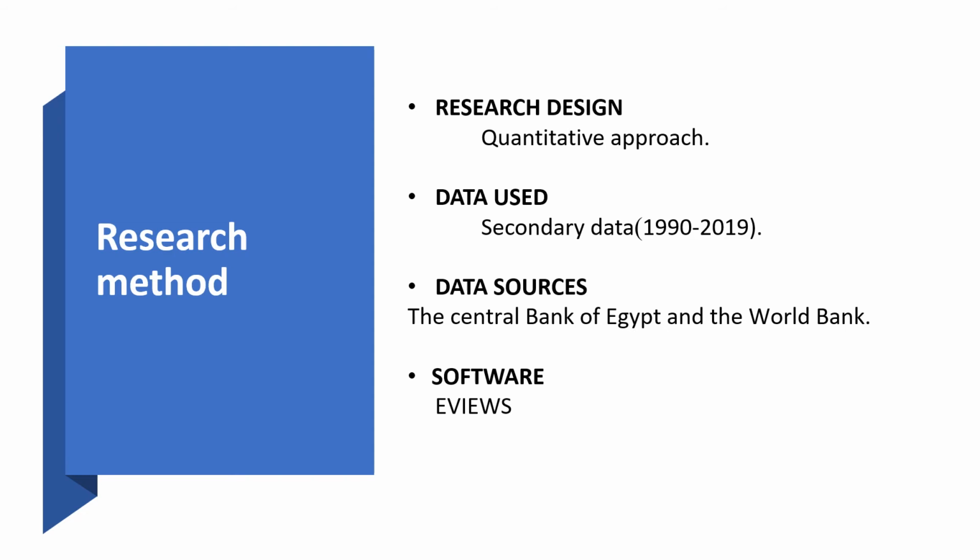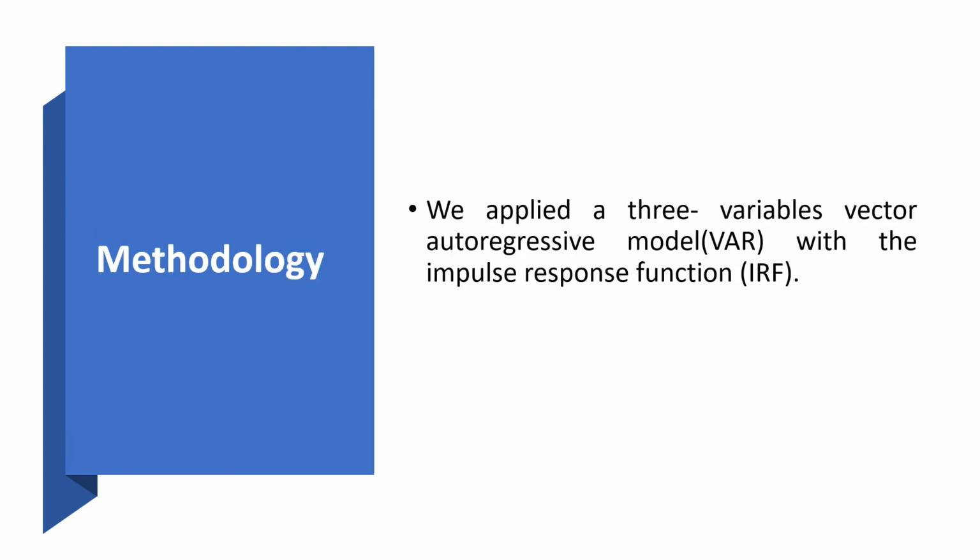This data was collected from the Central Bank of Egypt and the World Bank databases. We used the eViews software to run the VAR model and to get the impulse response function result. For the methodology, we applied a 3 variables vector autoregressive VAR model with the impulse response function, IRF.